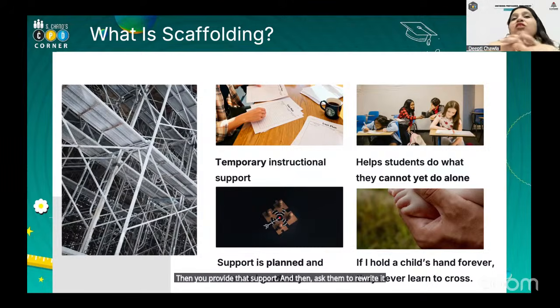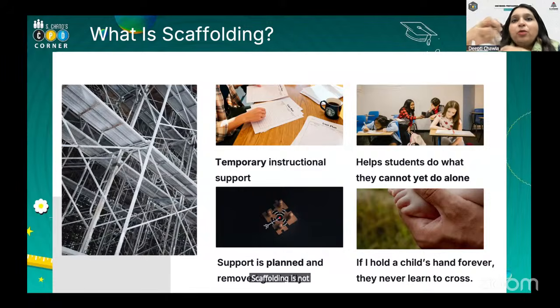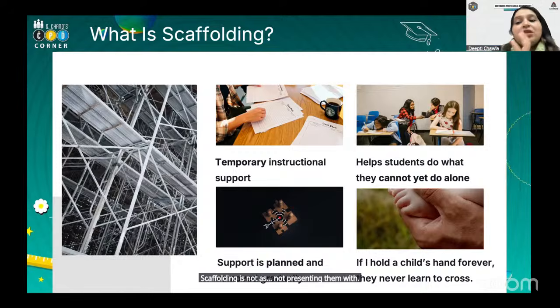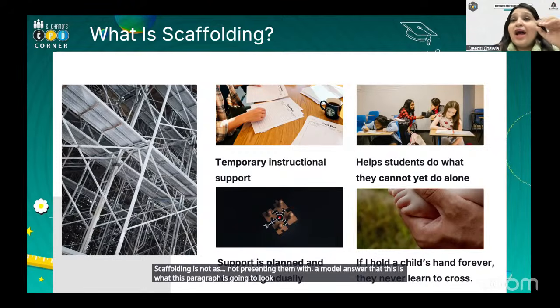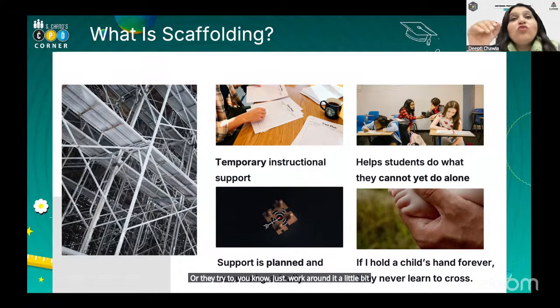That's what scaffolding is. Scaffolding is not presenting them with a model answer, saying this is what the paragraph is going to look like, and either they reproduce the same thing that you've given them, or they just work around it a little bit. So that's not what is encouraged.